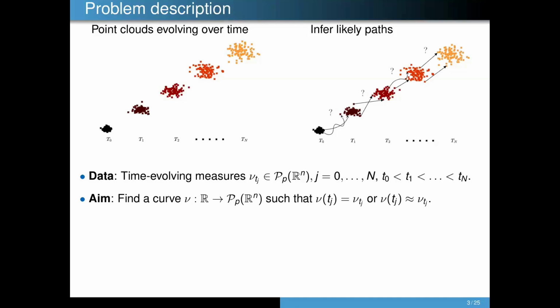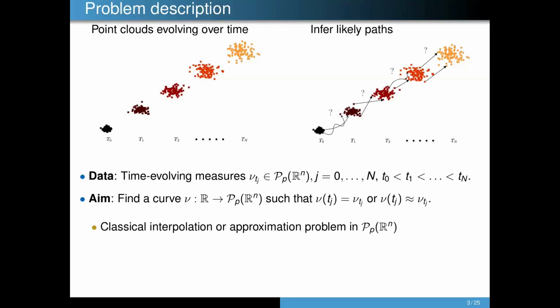So approximate in the sense that they are close in some distance, for example, the Wasserstein distance. And the relation to what I just talked about: point clouds are finite samples of measures, right? So what I'm describing, the math problem, is a smooth problem, and what I'm plotting is the discrete version of the problem.